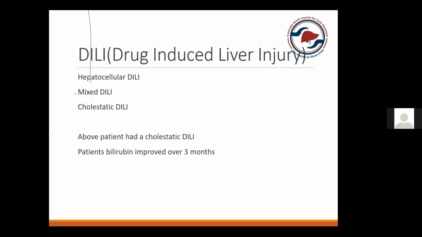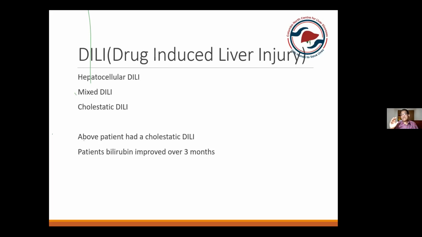So another question on this case is, in Graves' thyrotoxicosis, who's on carbimazole, how to differentiate disease-induced cholestasis from carbimazole-induced cholestasis? Now here, usually thyrotoxicosis will not give rise to this much cholestasis.